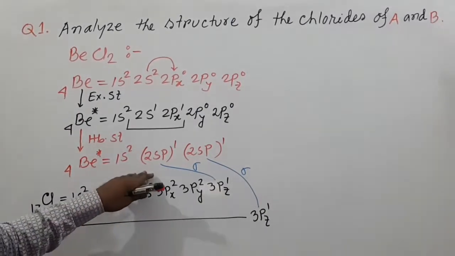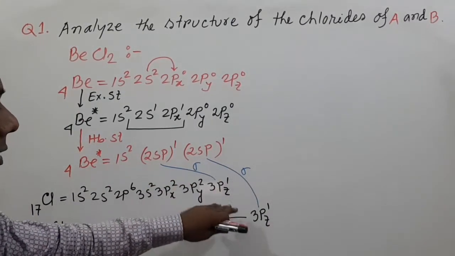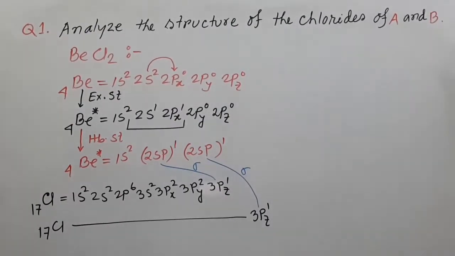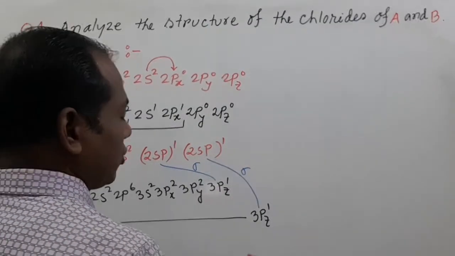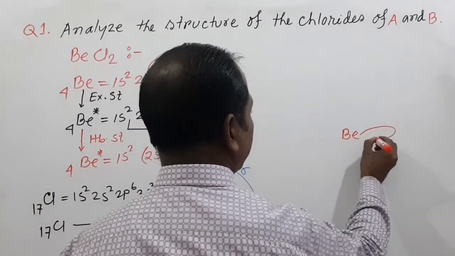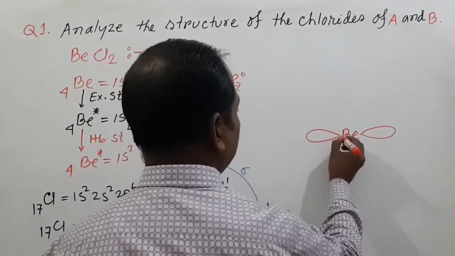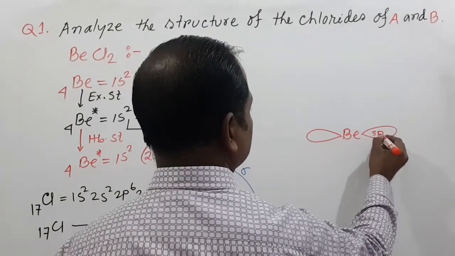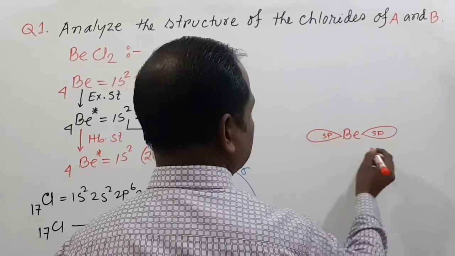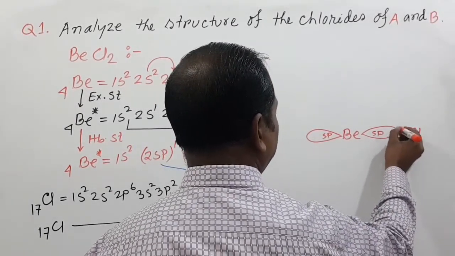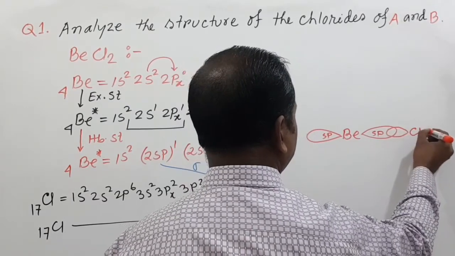So we can see that two sigma bonds occur, and now we can write the shape of beryllium chloride. Here is beryllium with 2 sp hybrid orbitals, and this sp hybrid orbital overlaps with the p orbital of chlorine.